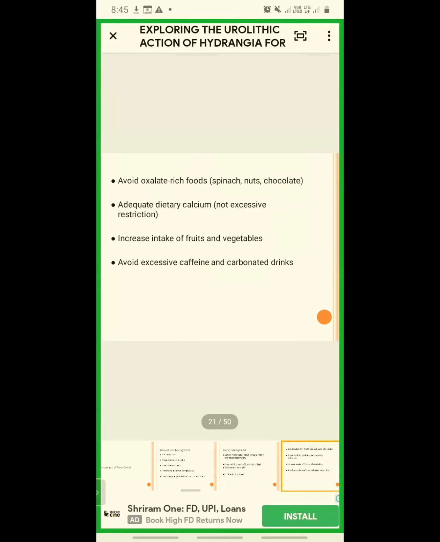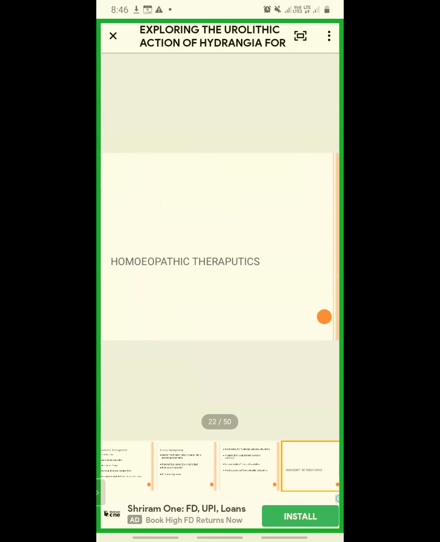Then avoid oxalate-rich foods like spinach, nuts, and chocolate. Increase intake of fruits and vegetables, and avoid excess caffeine and carbonated drinks.